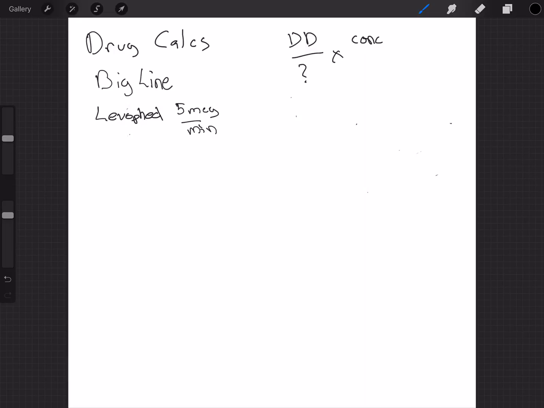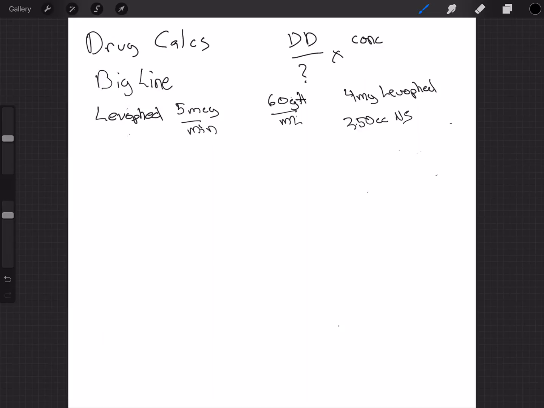All right, so now we have to get ready to do our big line method. You've got a 60 drop set, so it's 60 drops per ml. You've got 4 milligrams of Levophed in a bottle. You have a 250 cc bag of fluid.